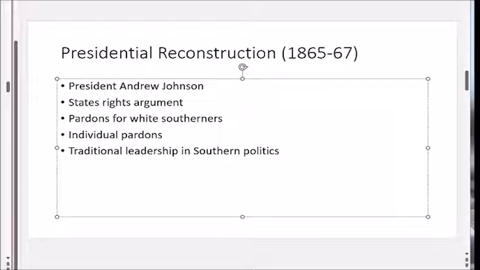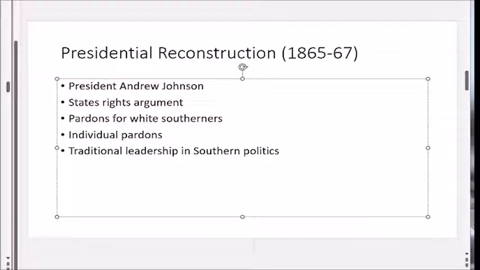South. So when elections came up during these 2 years, who do you think was voted into office? The traditional leaders of the South, right? The planters, the wealthy, the influential. They got voted back into office, and many of these were former Confederate leaders.